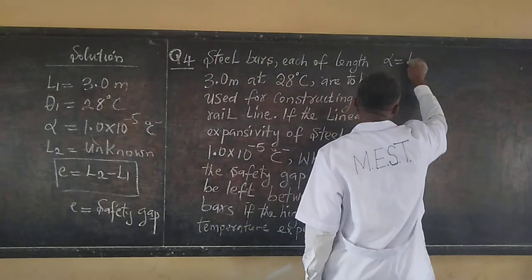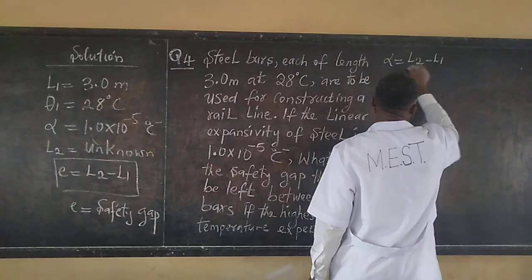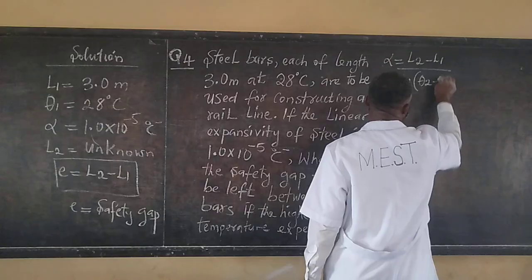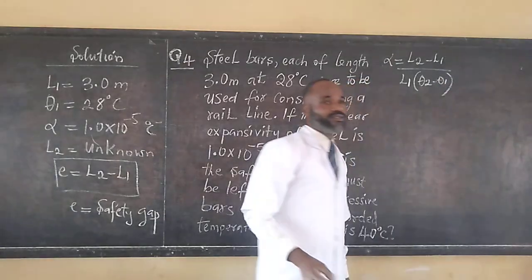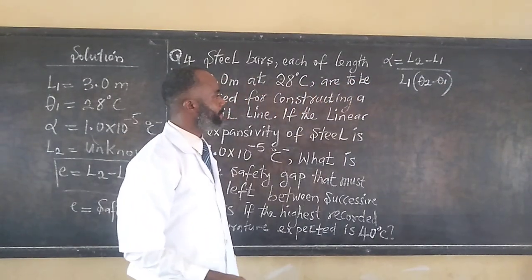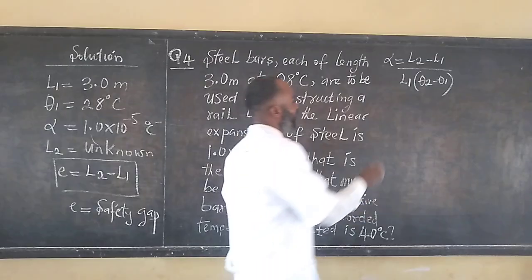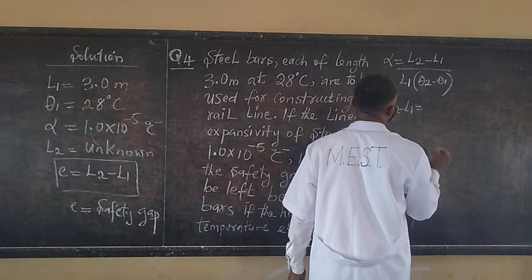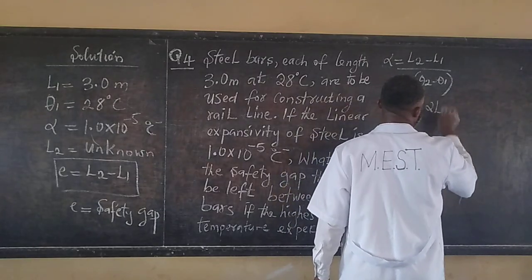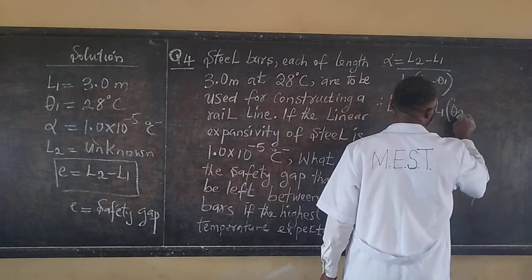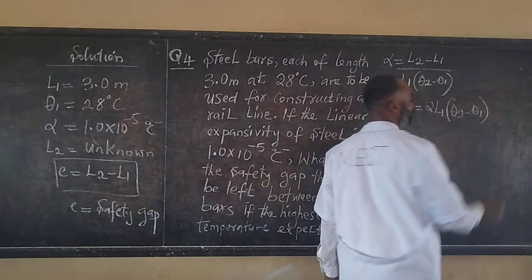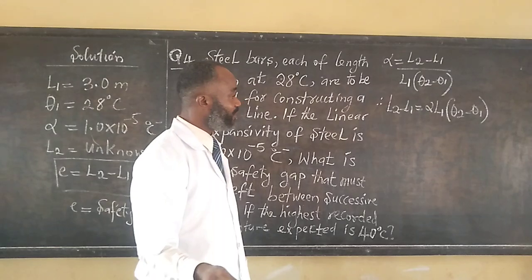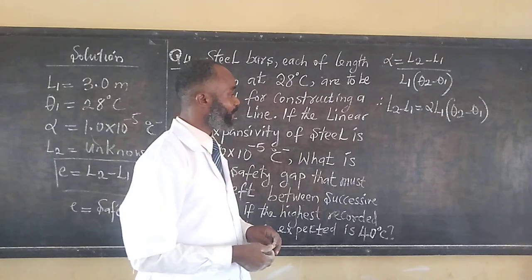Alpha is equal to L2 minus L1 all over L1 bracket open theta 2 minus theta 1 bracket close. Therefore L2 minus L1 is equal to alpha L1 bracket open theta 2 minus theta 1 bracket close. Good.